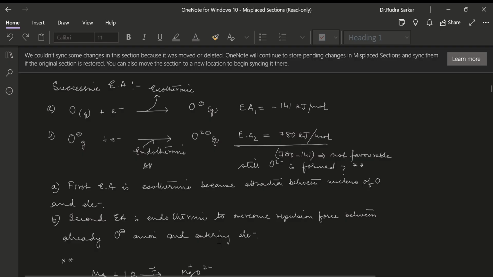So whenever you are trying to put an electron inside O minus or N minus or N2 minus, the successive electron affinities are not going to be exothermic, but they will be endothermic in nature.